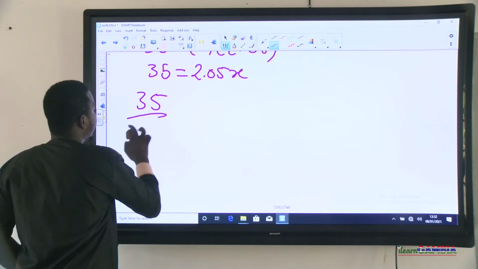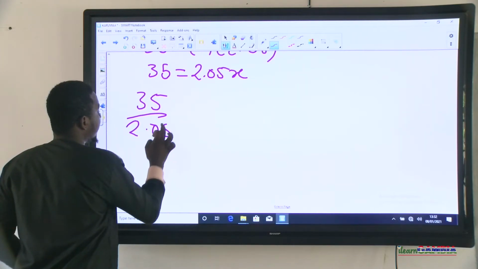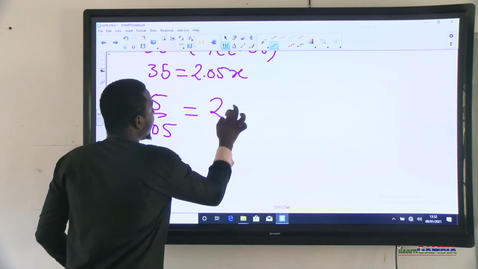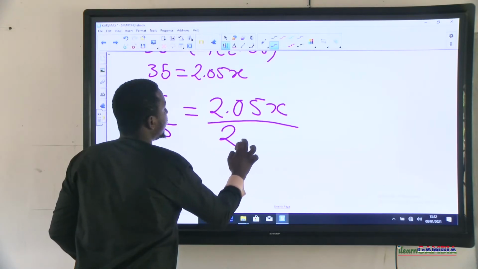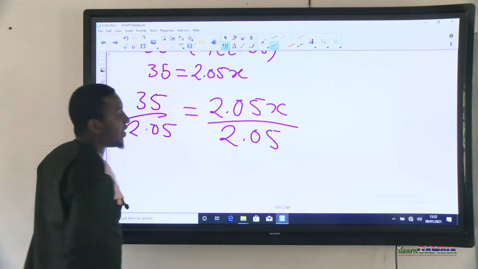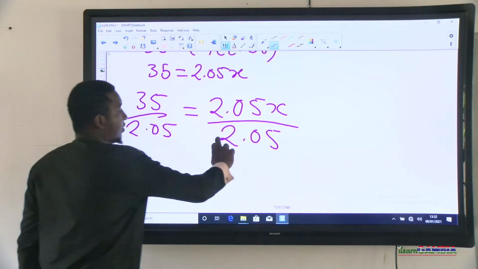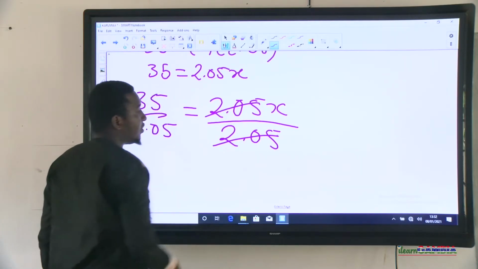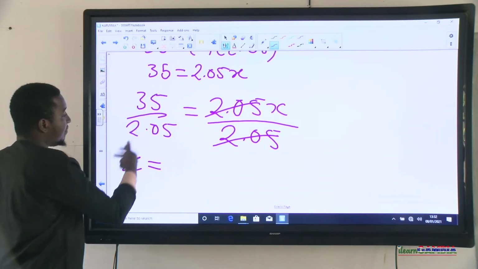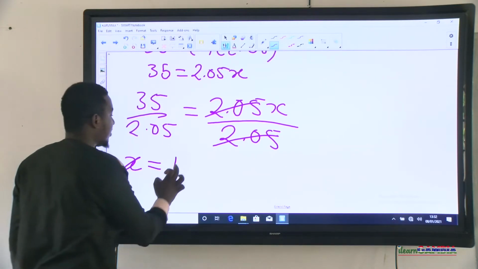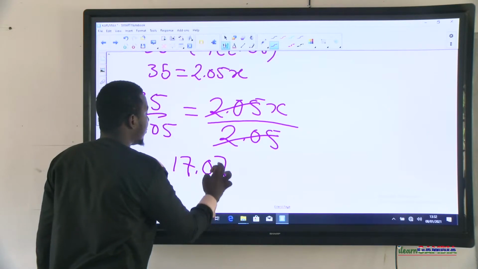So this is going to give us 35 divided by 2.05 is equal to 2.05x divided by 2.05. So again, 2.05 will cancel 2.05, and we have x is equal to, when you divide 35 by 2.05, is going to give us 17.07.